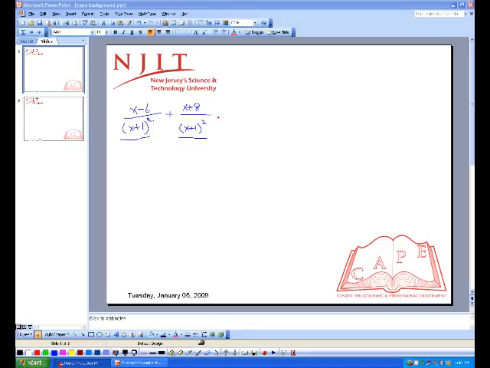So if they both have the same denominator, when you add or subtract two fractions of polynomials, rational expressions, you just have to add or subtract the numerators. So in this case, we just write one big denominator and then we add the numerators.